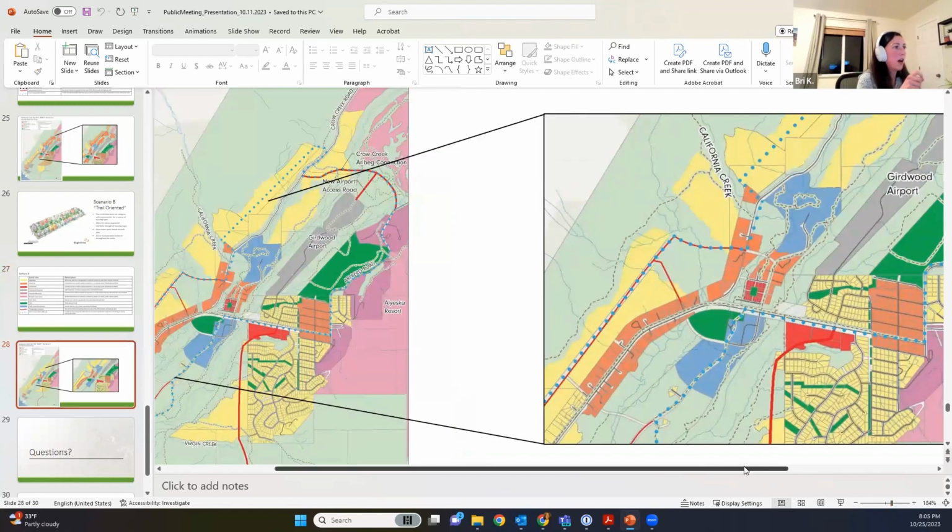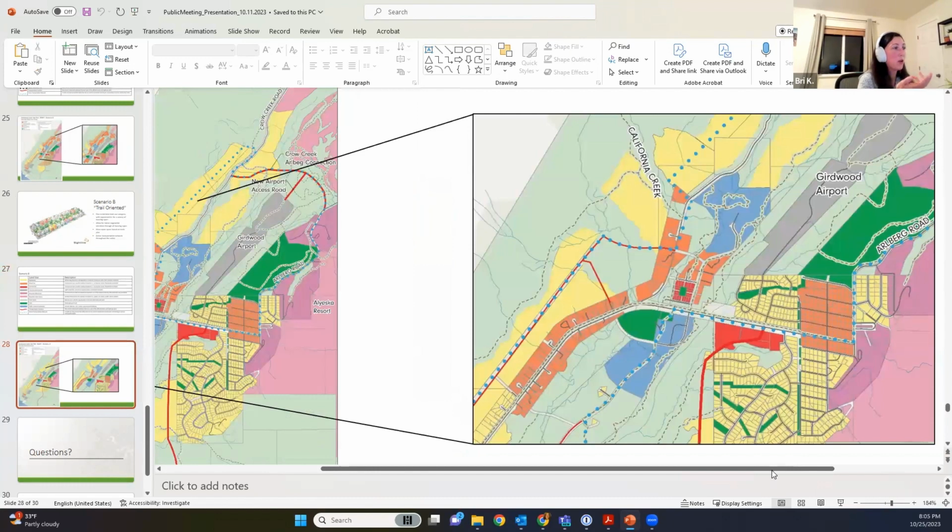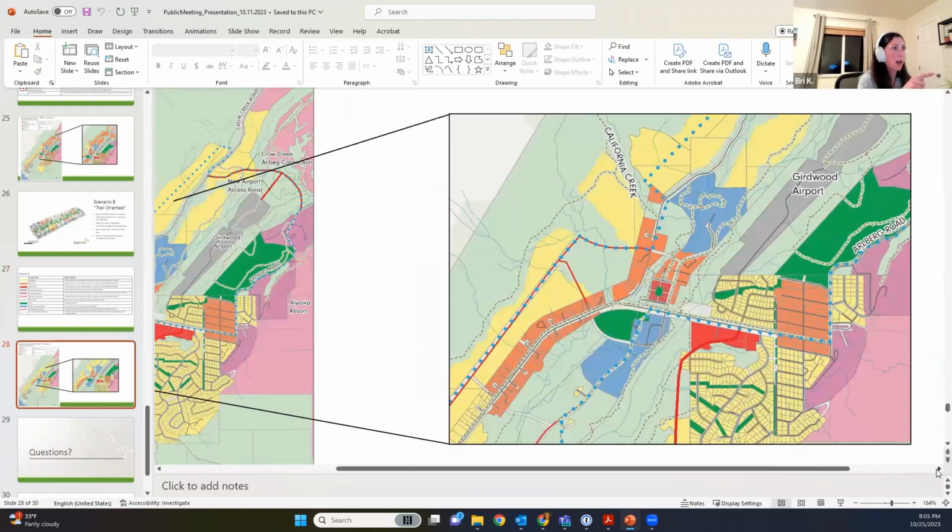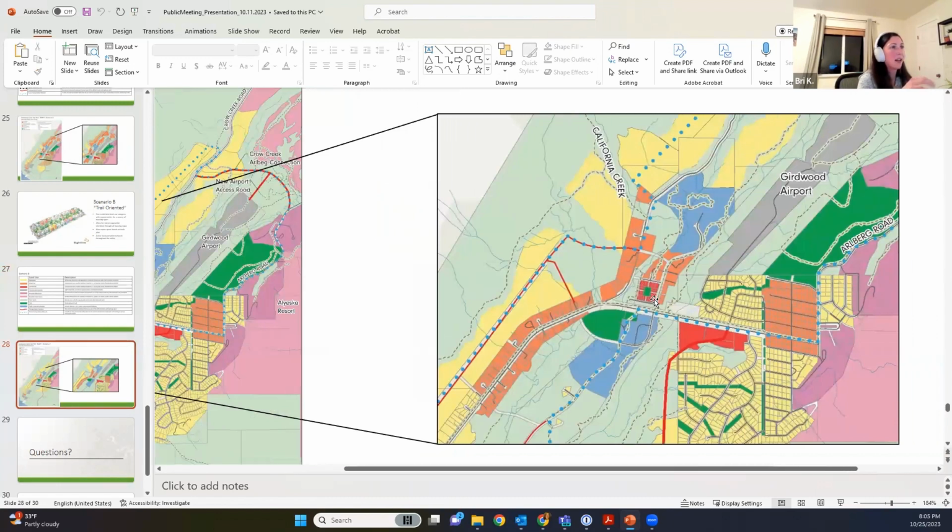Similar to the other map, we do have mixed use surrounding that area, but instead of that opportunity going to the north, we have it going back along the highway and also at the base of the mountain. The idea was to concentrate that into areas that currently have infrastructure, where there's access to larger road systems and the base of the mountain.